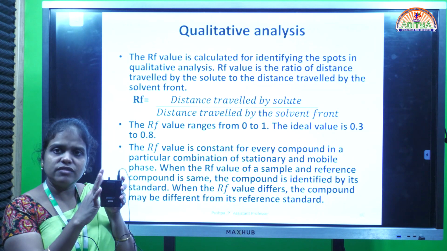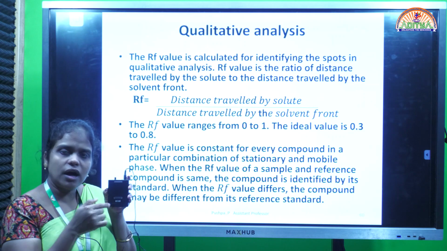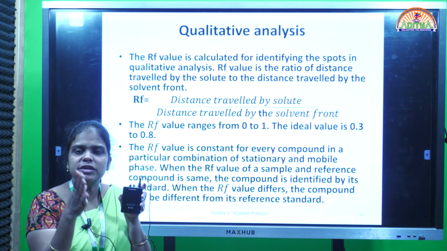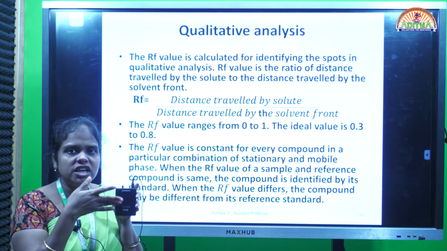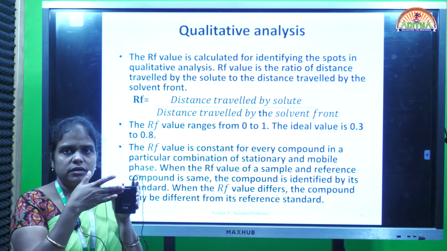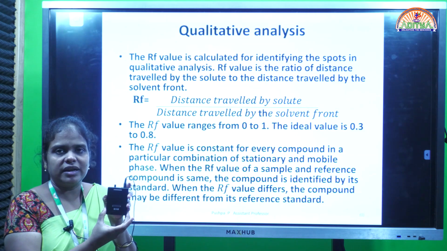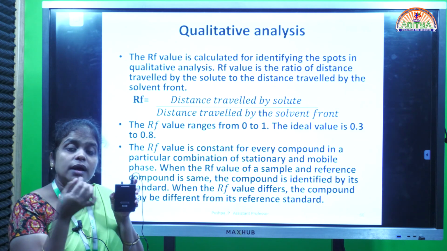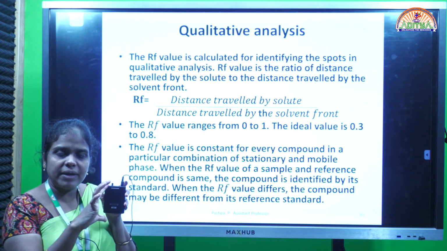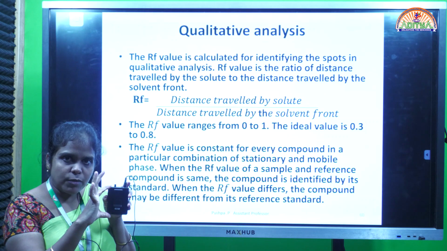Based on that, we compare that distance with how much distance the mobile phase has moved. You already know mobile phase means moving, so the mobile phase will obviously move or elute through the TLC plate when we keep it in the development tank. But how much the sample moves, we have to calculate and compare with the distance traveled by the mobile phase.